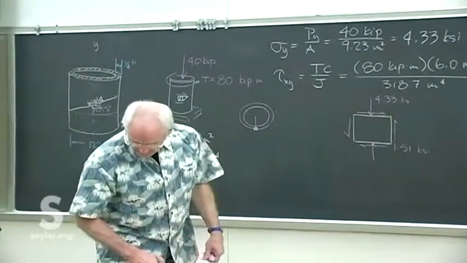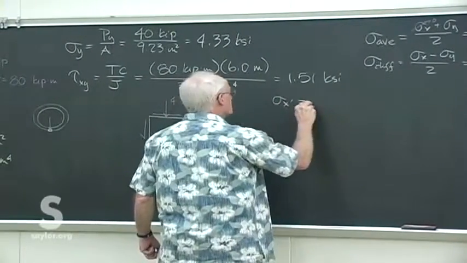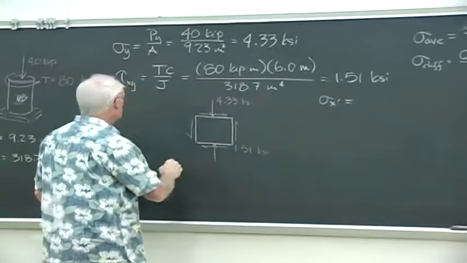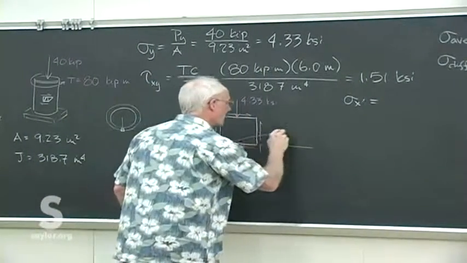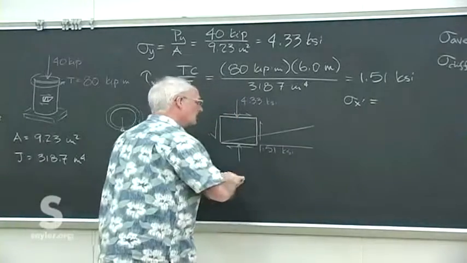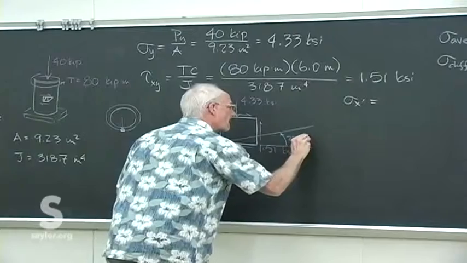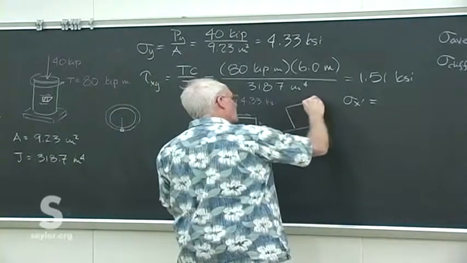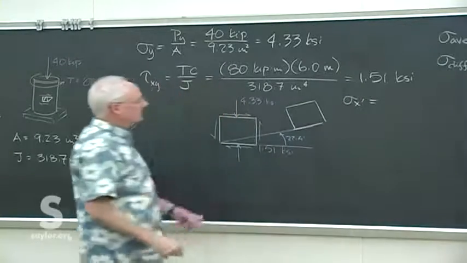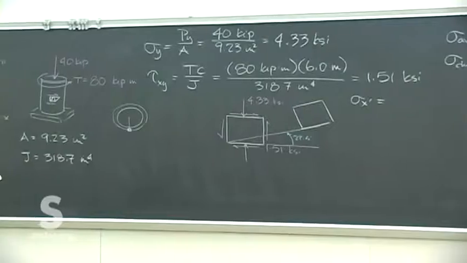So you can put those pieces in the equations. Sigma x prime, we're now looking at an angle of 22.5 degrees to see what the stresses are lined up perfectly with the weld, and that's going to be the sigma x prime that we come up with.